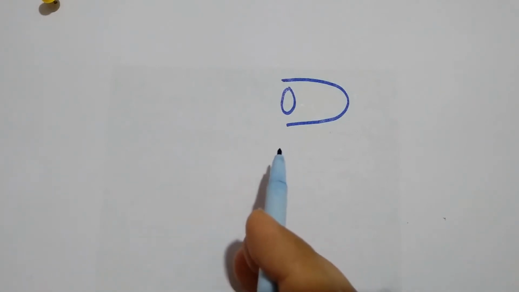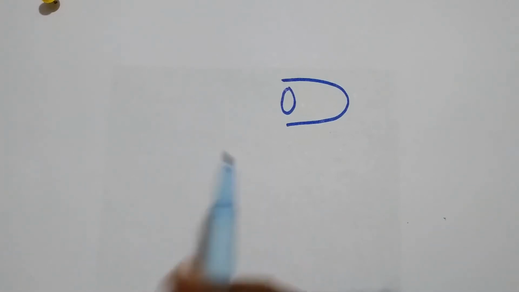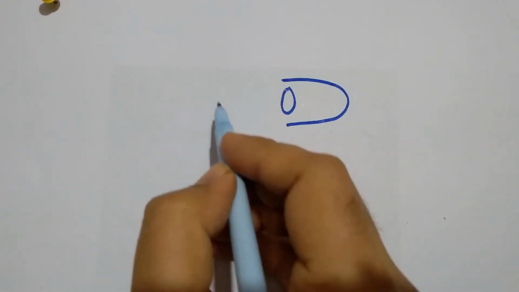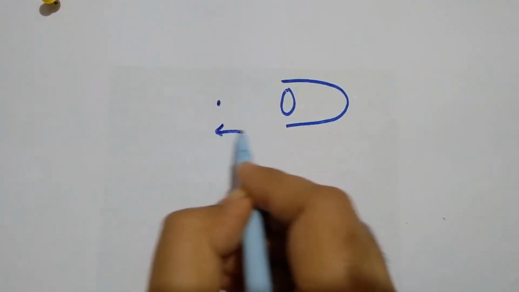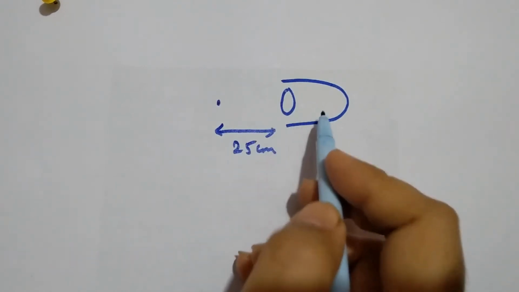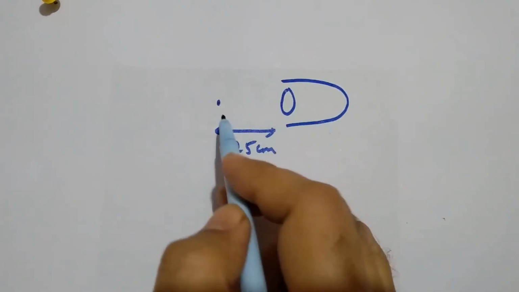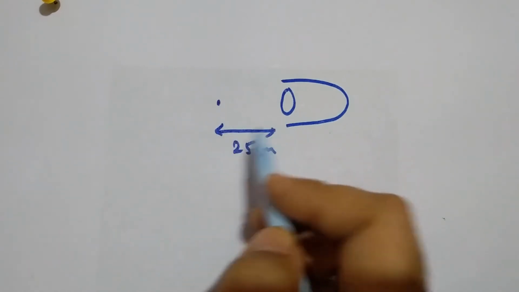Such an eye cannot see an object clearly if the object is placed at its near point, that is 25 centimeter from the eye. For example, this is your object lying at 25 centimeter from the long-sighted eye. This object is lying at its near point, 25 centimeter away.